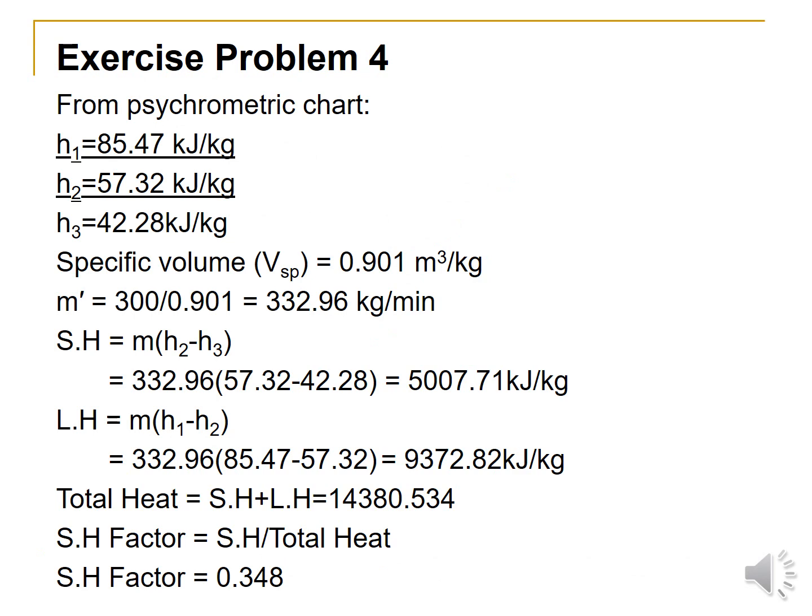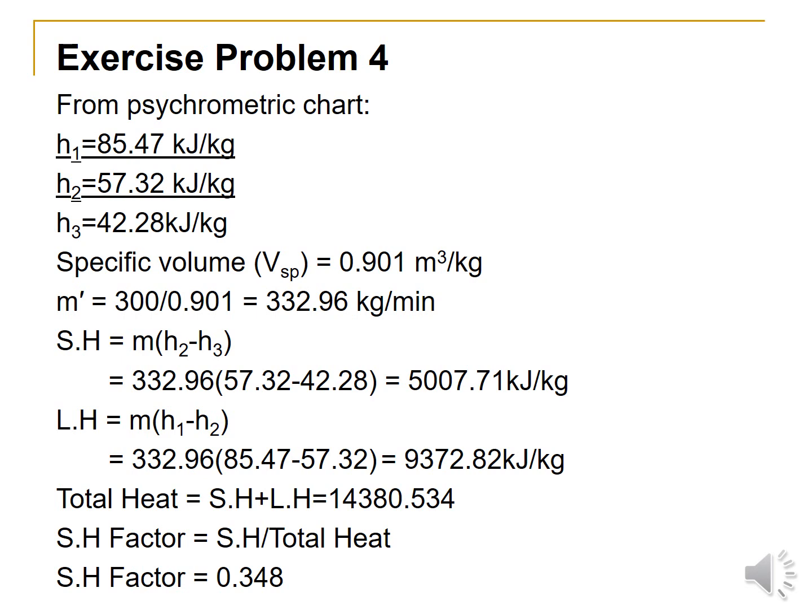So from the psychrometric chart, the values of enthalpies at points 1, 2 and 3 have been determined. H1 is equal to 85.47 kilojoules per kg, H2 is equal to 57.32 kilojoules per kg, and H3 is equal to 42.28 kilojoules per kg.